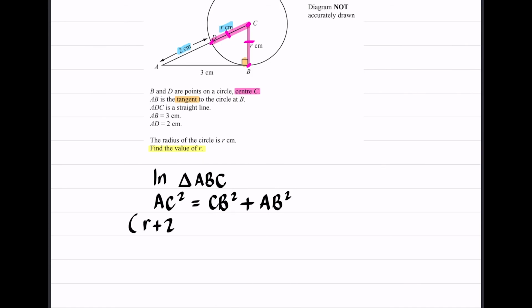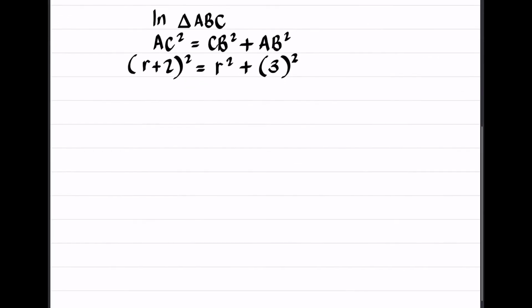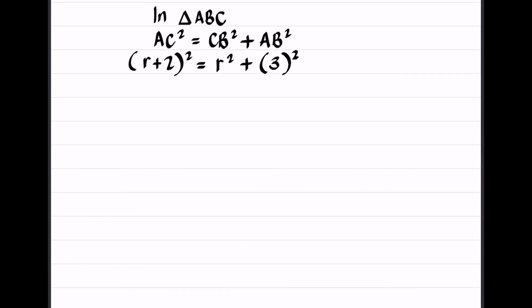R plus 2 squared equal to CB, which is R squared, plus AB, which is 3 squared. Now we're just going to solve this equation. We have a binomial that's being squared, so that means that we'll have R plus 2 multiplied with R plus 2 equal to R squared plus 3 squared, which is 9.